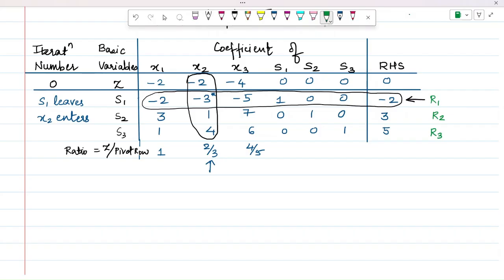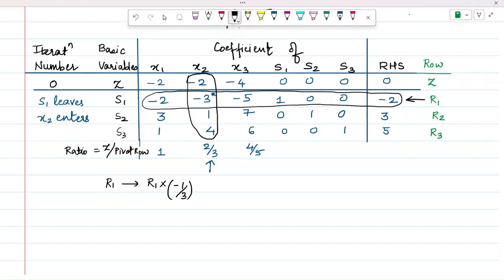Fine, or you can just write here row numbers. This is going to be the Z row, and this is going to be R1, R2, and R3 rows. Okay, so your first operation is going to be R1 gets multiplied by -1/3 to make it 1.